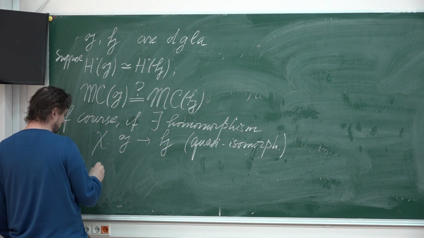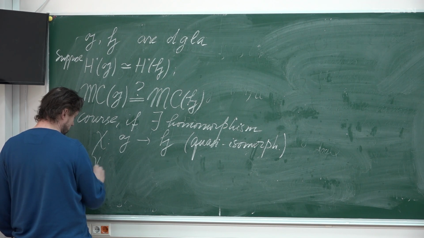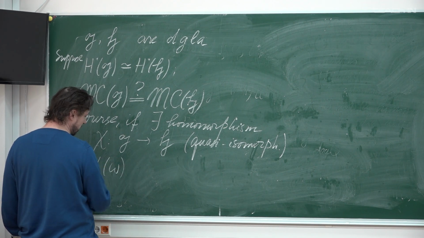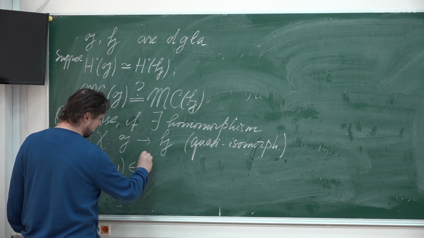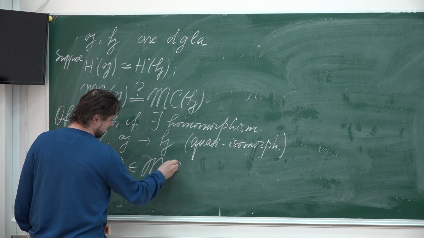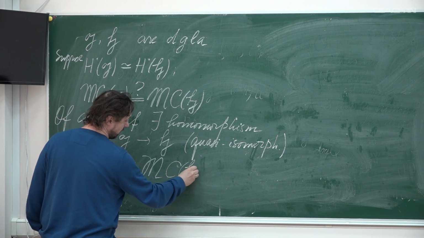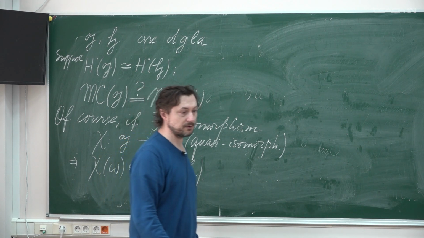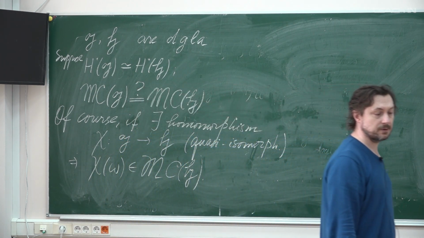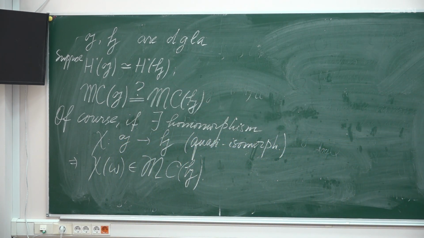Then, if we take the image of any Maurer-Cartan element on the left, we'll have an element of the set MC of H on the right, because, of course, any homomorphism preserves the Maurer-Cartan equation.